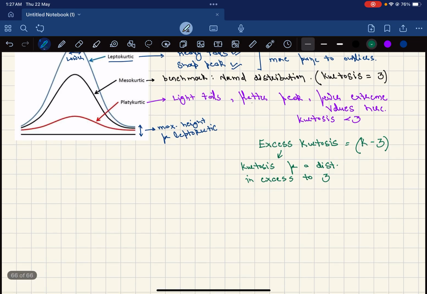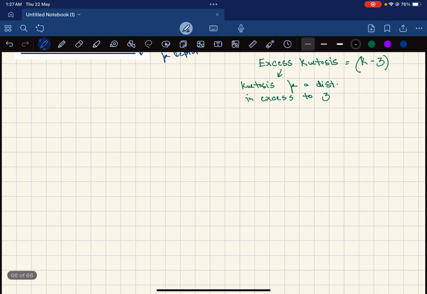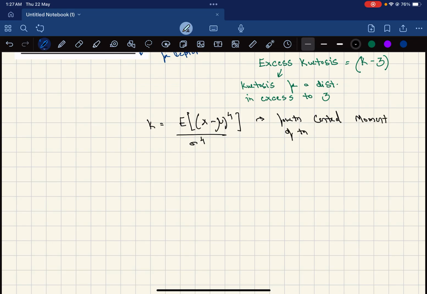Now, similar to skewness, we can also compute the kurtosis of a distribution as the expected value of (x minus mu) raised to power 4, divided by sigma to the power 4. Again, this is the fourth central moment of the distribution.